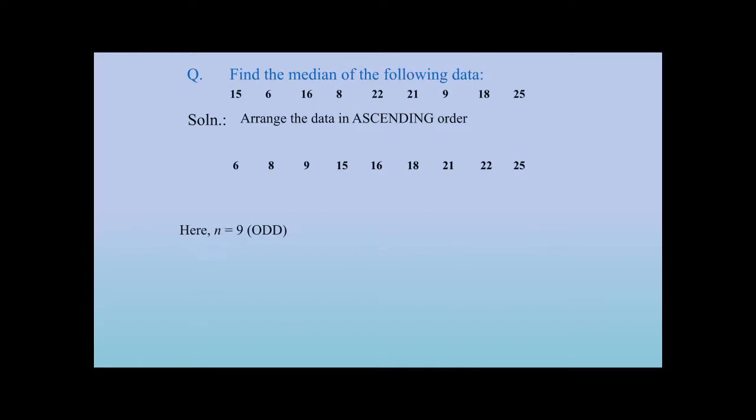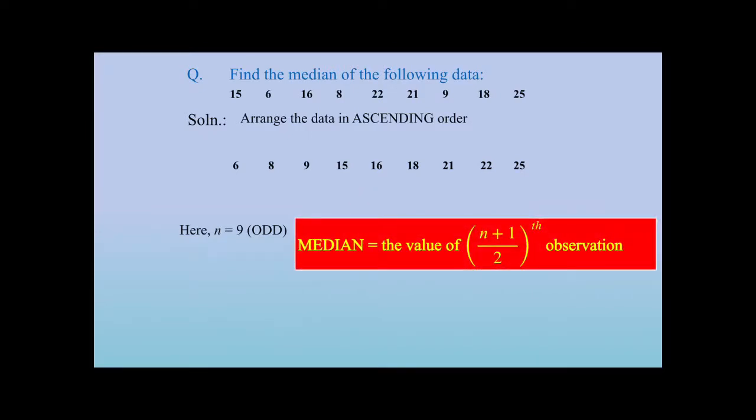We give n equals to 9 for the number of observations. So for an odd number of observations, the formula for the median or the centermost value is the value of (n plus 1) upon 2th observation. So here it will be 9 plus 1, 10 upon 2, that is the 5th observation.